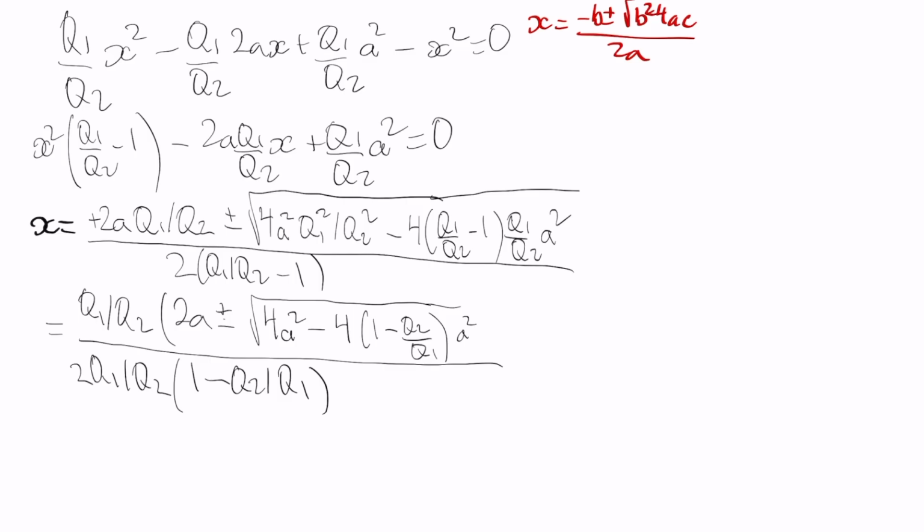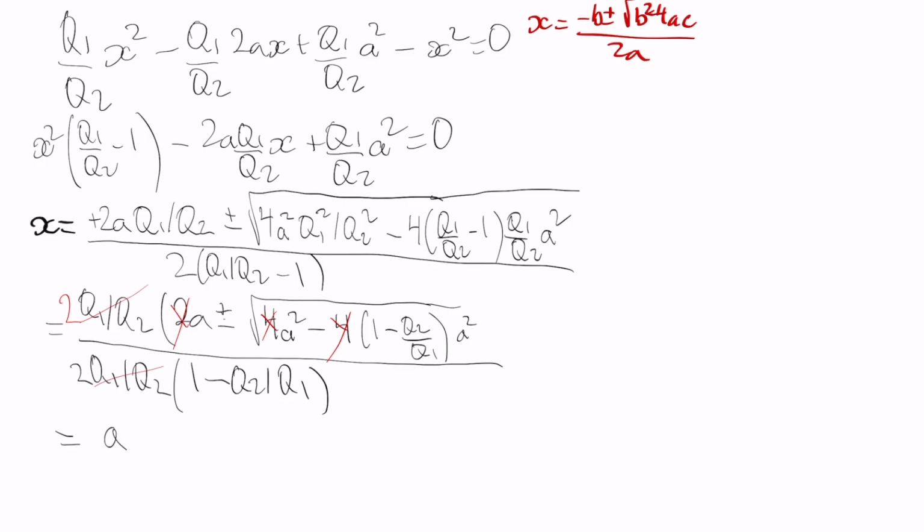Let's see, is there anything else that I could take out? Yeah, I can probably actually take out a factor of 2 here, because then this will disappear and these factors of 4 will also disappear. And then look at this, beautiful, I can just cancel these. Oh wait, I've just spotted that we can also take out a factor of A out of this.